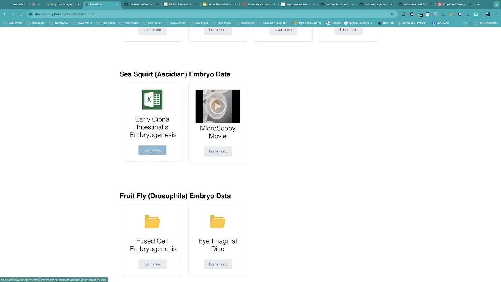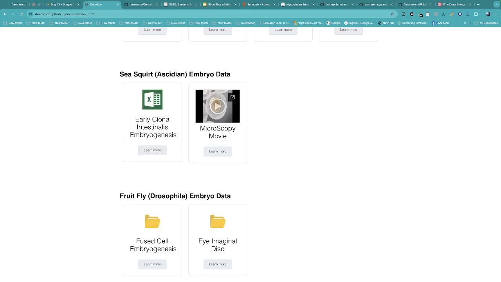This is actually numeric data, and then we have microscopy movies that track this type of embryogenesis. The C-squirt is a different organism than C. elegans.